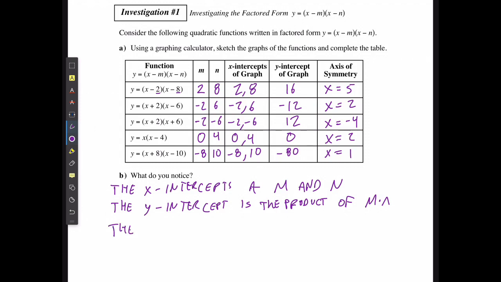And the axis of symmetry is when x is equal to the two intercepts added, or m plus n divided by 2, because it's halfway between the intercepts, like we've learned in a previous lesson.